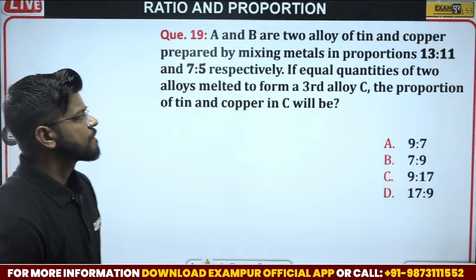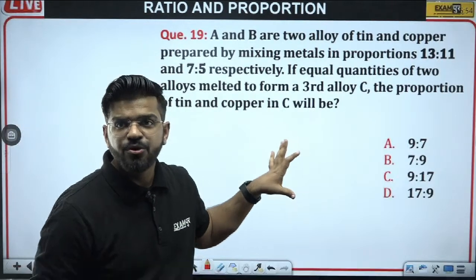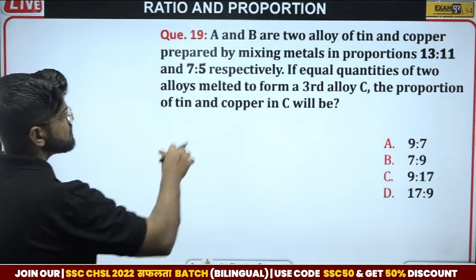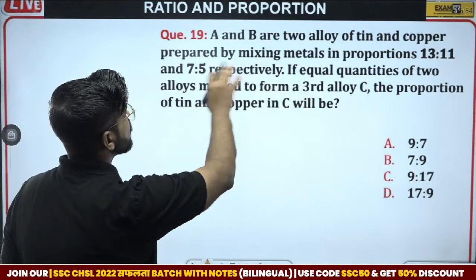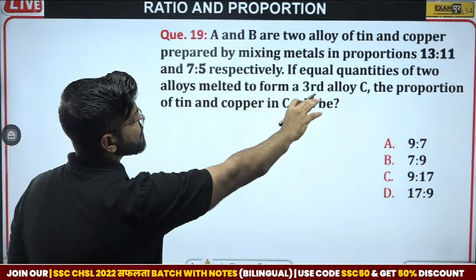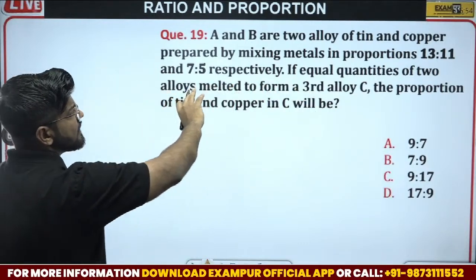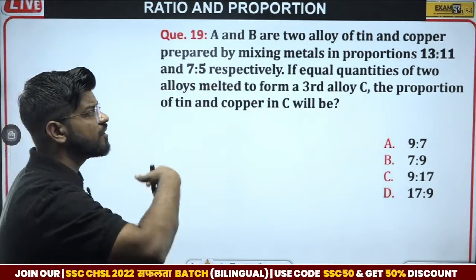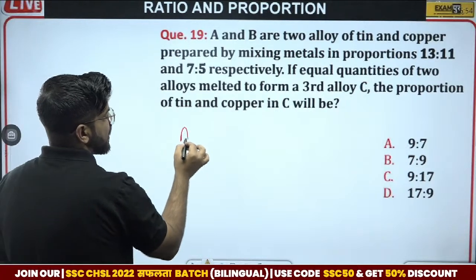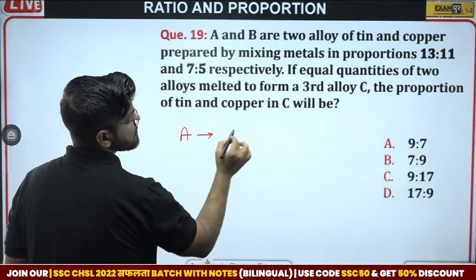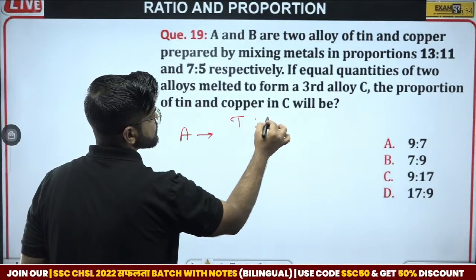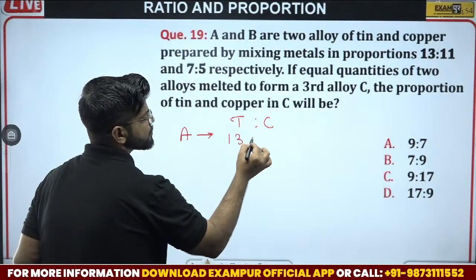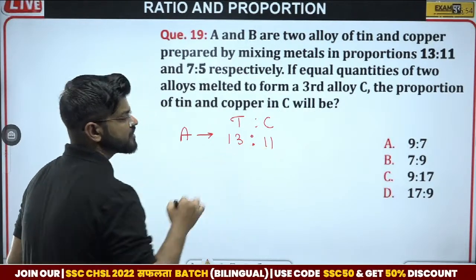Now, if this question came to you, how will you answer it? A and B are two alloys of tin and copper prepared by mixing metals in proportion 13:11 and 7:5 respectively. If equal quantities of the two alloys are melted to form a third, now we have alloy A in which tin and copper are in the ratio 13:11.